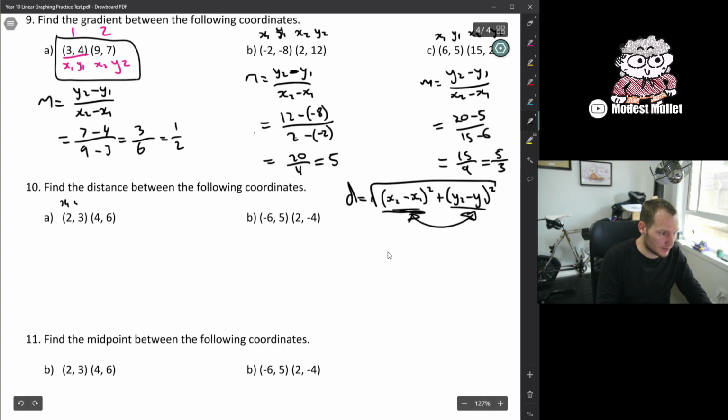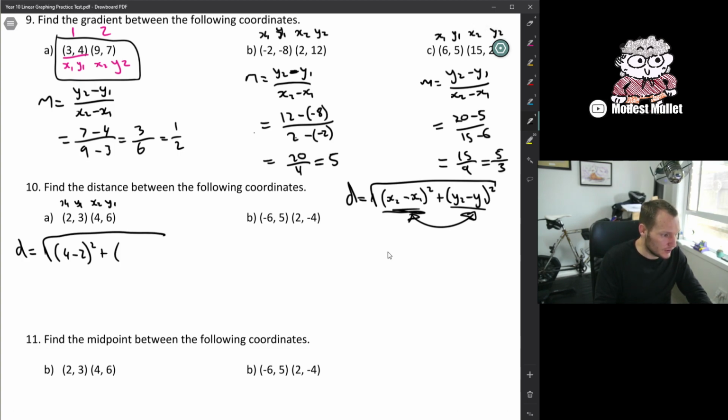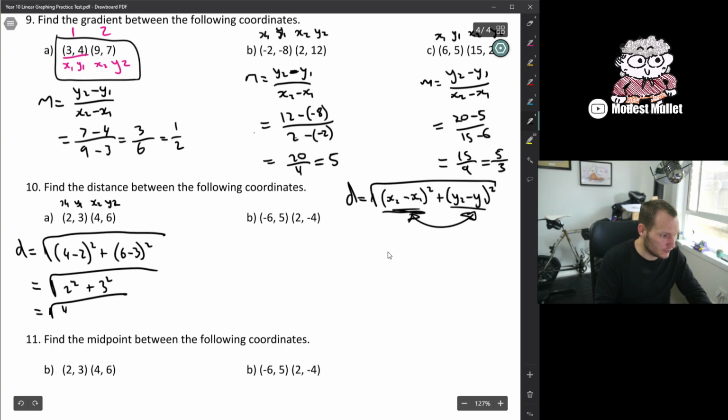But same thing, x1, y1, x2, y2. So the distance between those 2 points is equal to the square root of, now x2 is 4, take away 2, all squared, plus bracket y2, 6 take away 3, all squared, gives me square root of 4 take away 2 squared plus 3 squared is equal to the square root of 4 plus 9 is equal to the square root of 13.